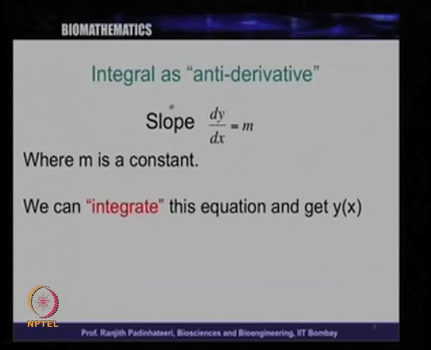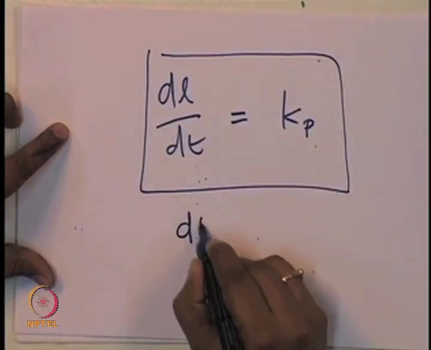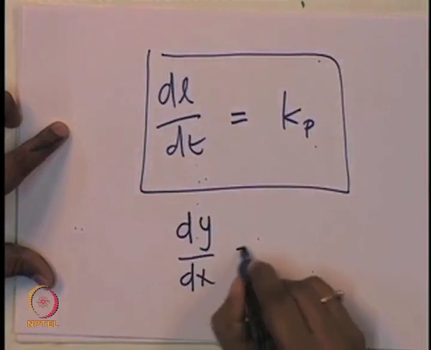For example, if we have a slope m, slope is nothing but dy by dx. When we discussed differentiation, we said the slope is dy by dx. Now this looks very similar to what we described here. This dl by dt is equal to Kp is the same as dy by dx is equal to m.